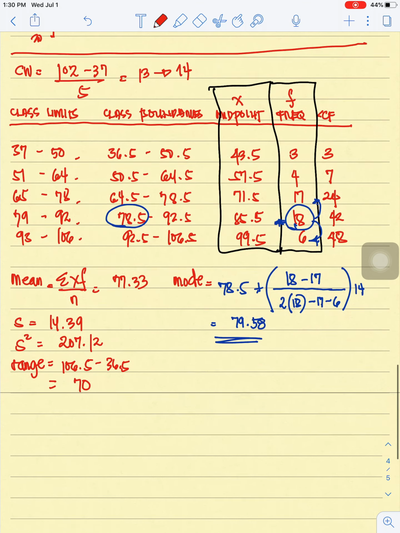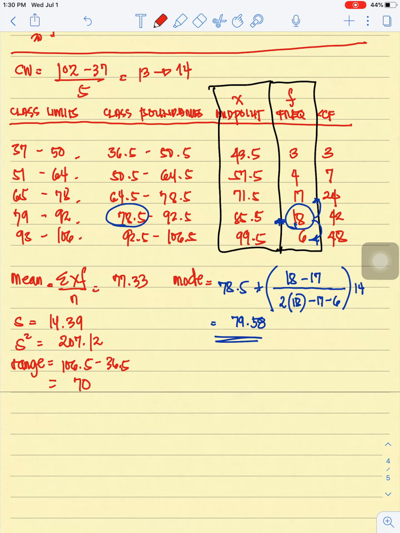In computing for the median, it's just the same as computing for the rest of the quantiles. So let us compute for the median, then later on we can just choose from the quantiles.